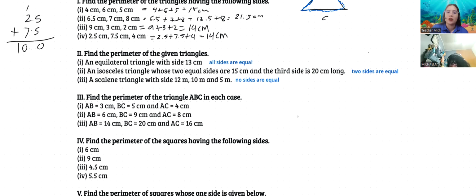Okay, so if we're going to solve for the perimeter of that equilateral triangle, what is the measurement? Thirty-nine. Very good, 39 what?